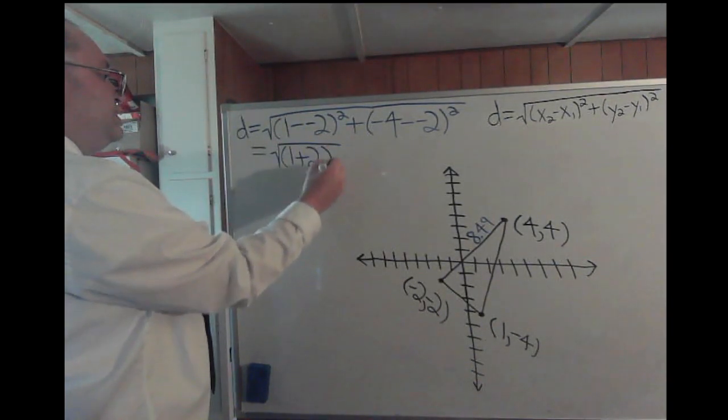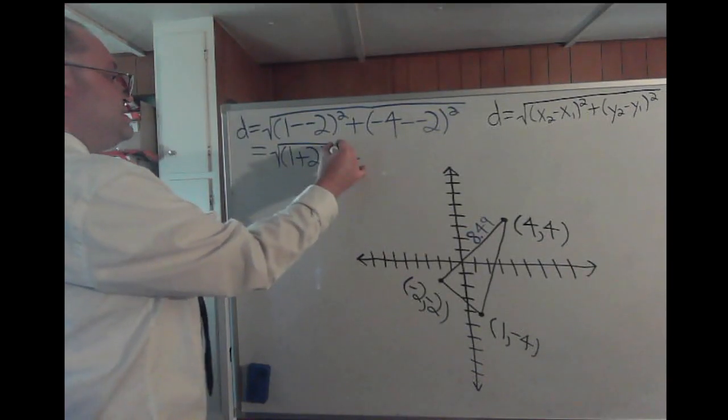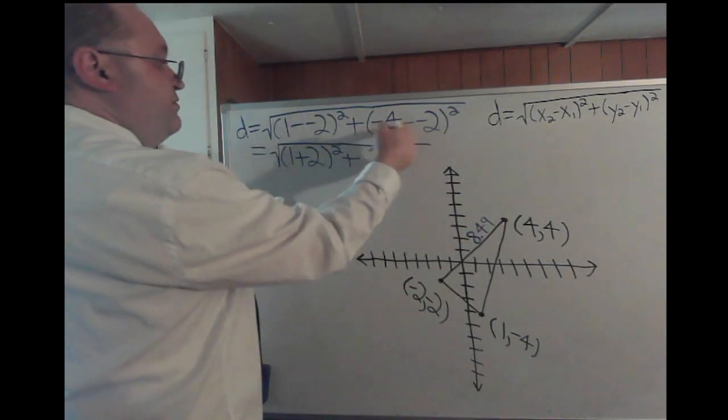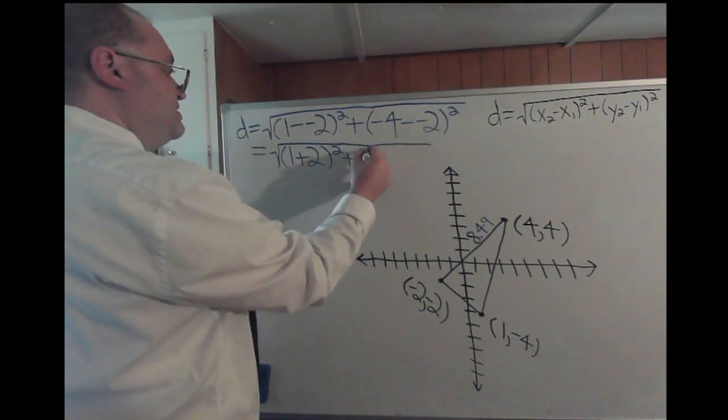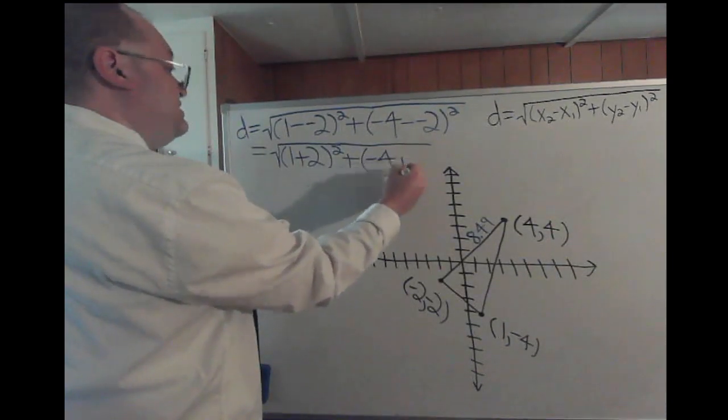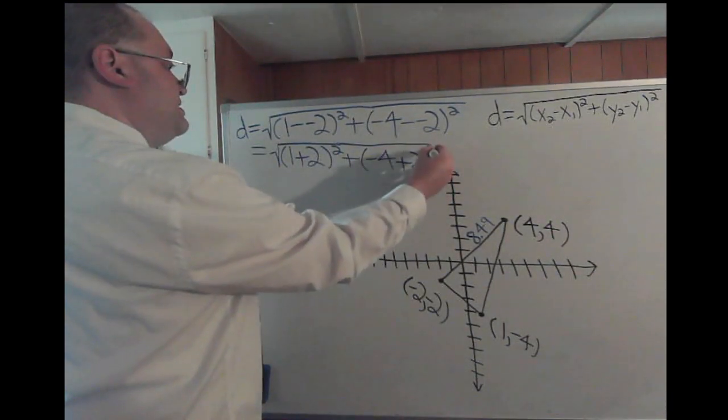So you have 1 plus 2 to the second power, plus you got -4 minus -2, which is the same as -4 plus 2, all that to the second power.